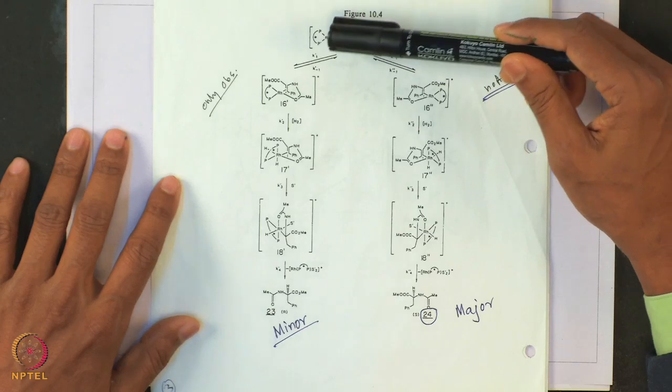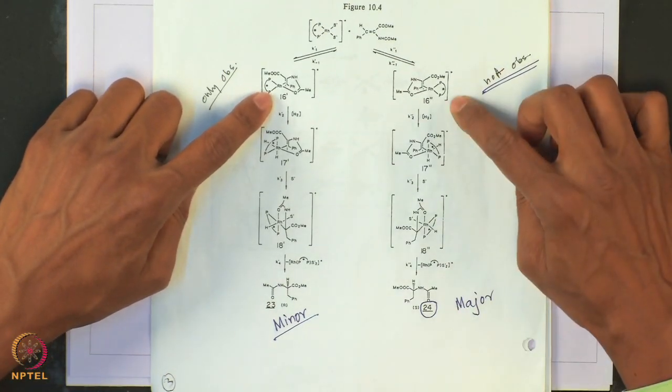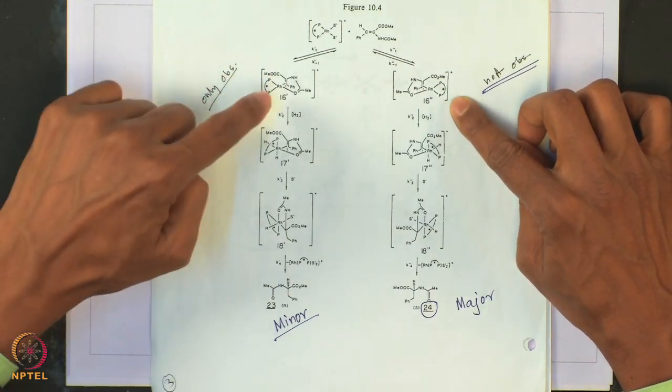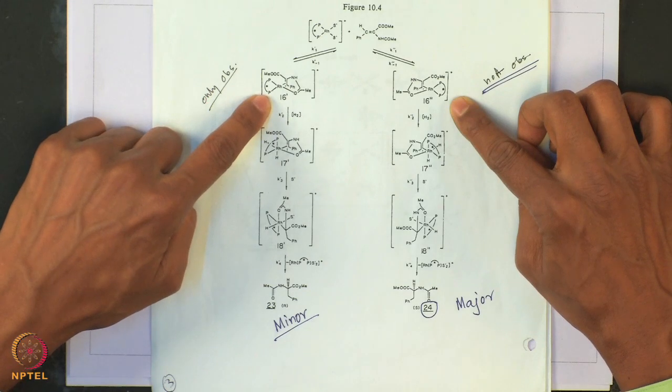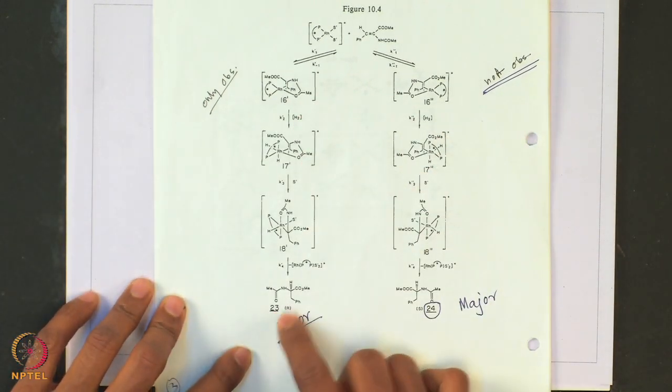Let us get back to the original hydrogenation catalyst one, where we will see that starting from this rhodium complex, we have this 16 prime and 16 double prime possible formation. In the reaction mixture we only see 16 prime, but we are not going to see the product formation 23 in this case.